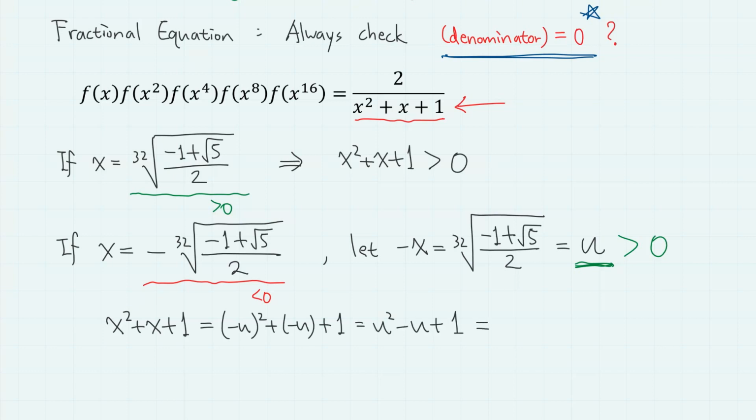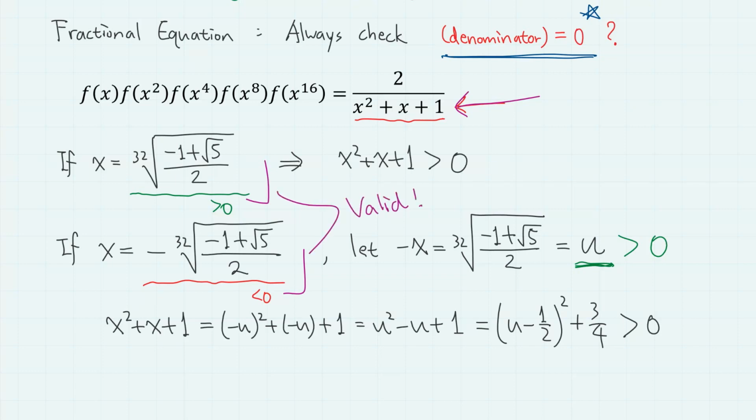And we can easily complete the square to obtain (u minus 1/2) squared plus 3/4, which is positive. Therefore, none of these two roots make the denominator 0. Hence, they are all valid roots.